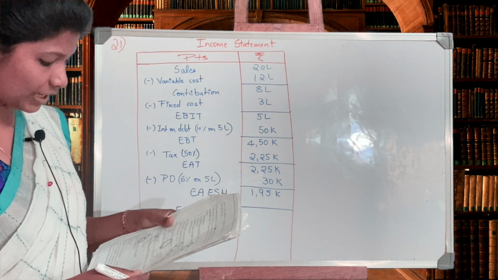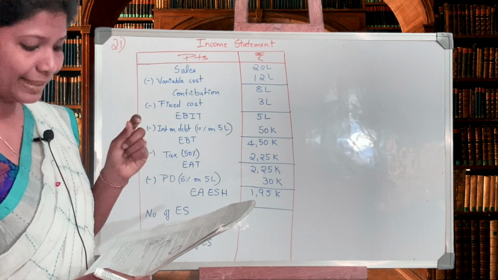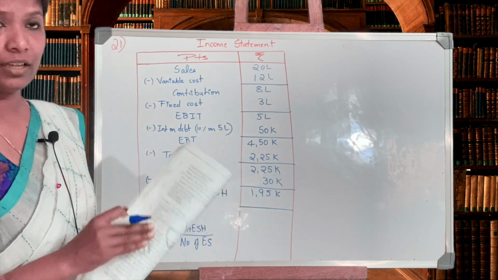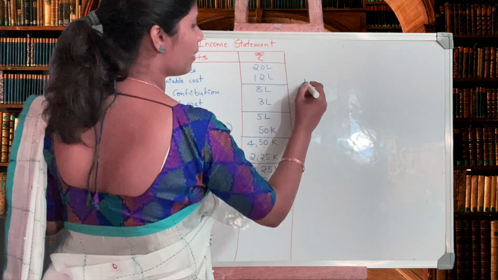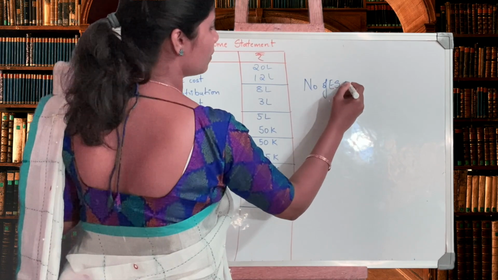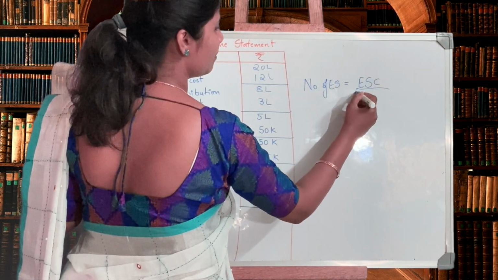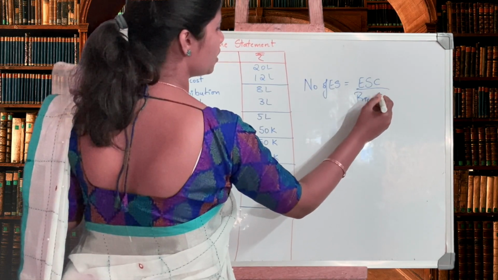The number of equity shares, 100 rupees each, is what is given in the bracket. The capital is 10 lakh. So how do you calculate the number of equity shares? Number of equity shares equals equity share capital divided by price per share.